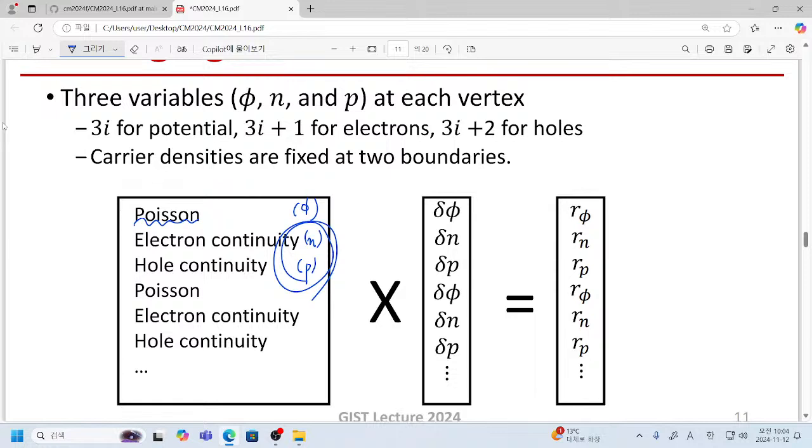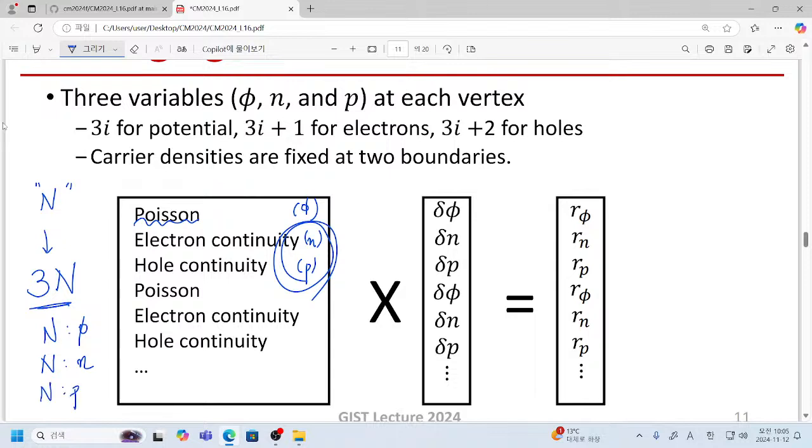So let's say that if you have capital N points, then the number of unknown variables inside your new system is no longer N, but 3 times N. Why do we have 3? 1 N for phi, 1 N for electron density, and another N for hole density.